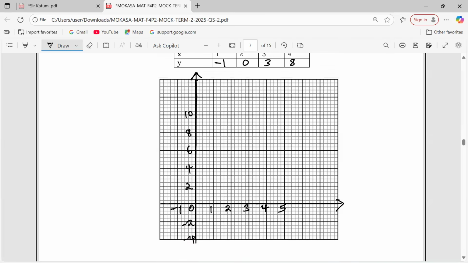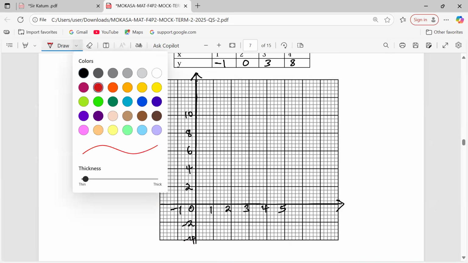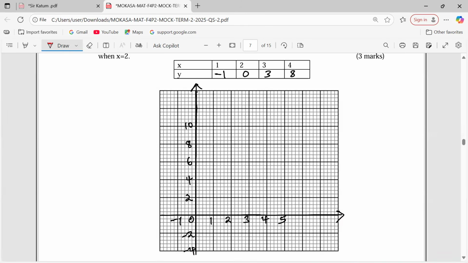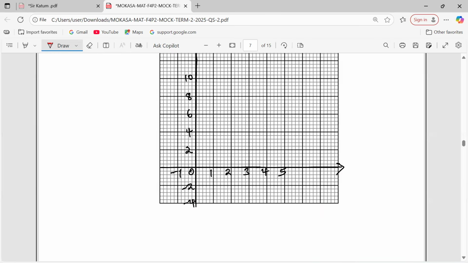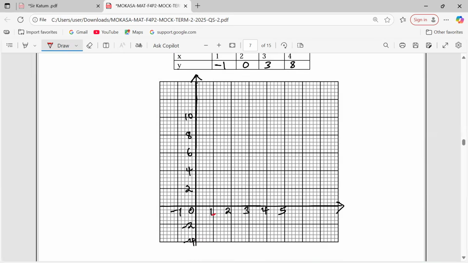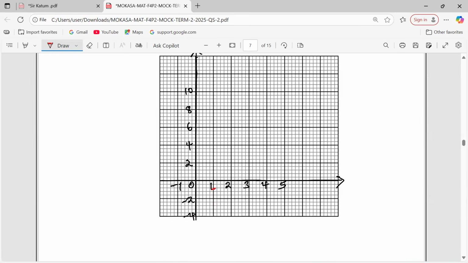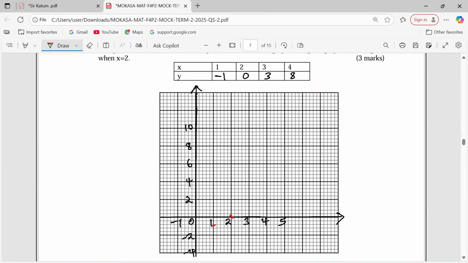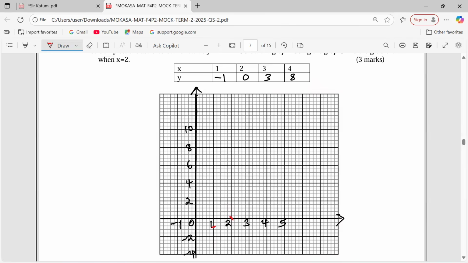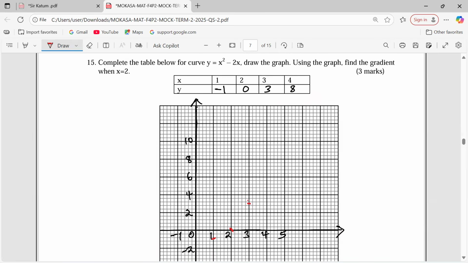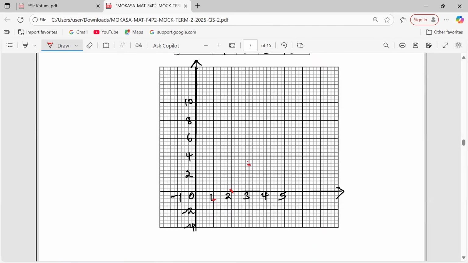We start now plotting coordinates. We start with negative 1, negative 1. So 1, negative 1 shall be here, because negative 1 is on the lower side. Then 2, 0 shall be there. Then 3 goes with 3. So 3, 3 shall be there. Then 4, 8. So 4, 8, this point.